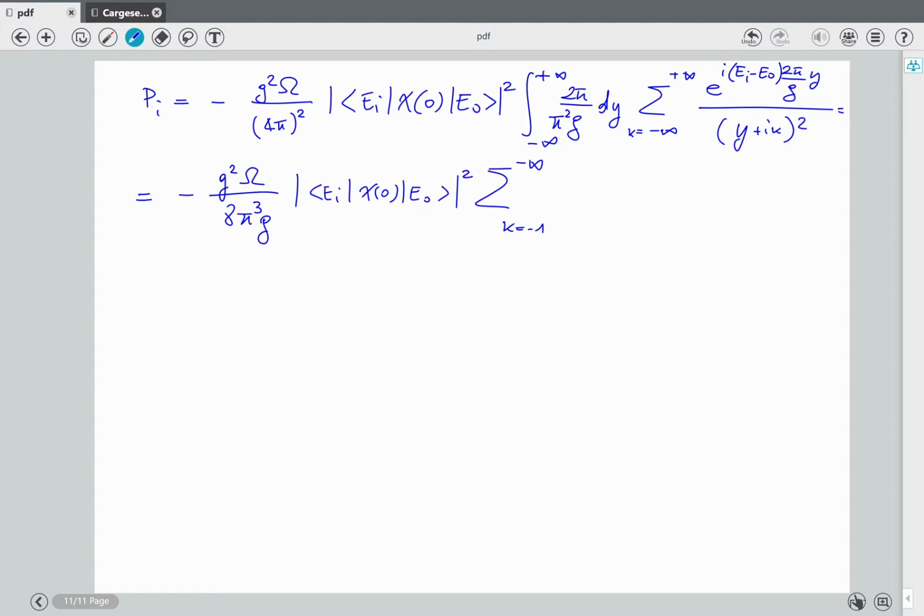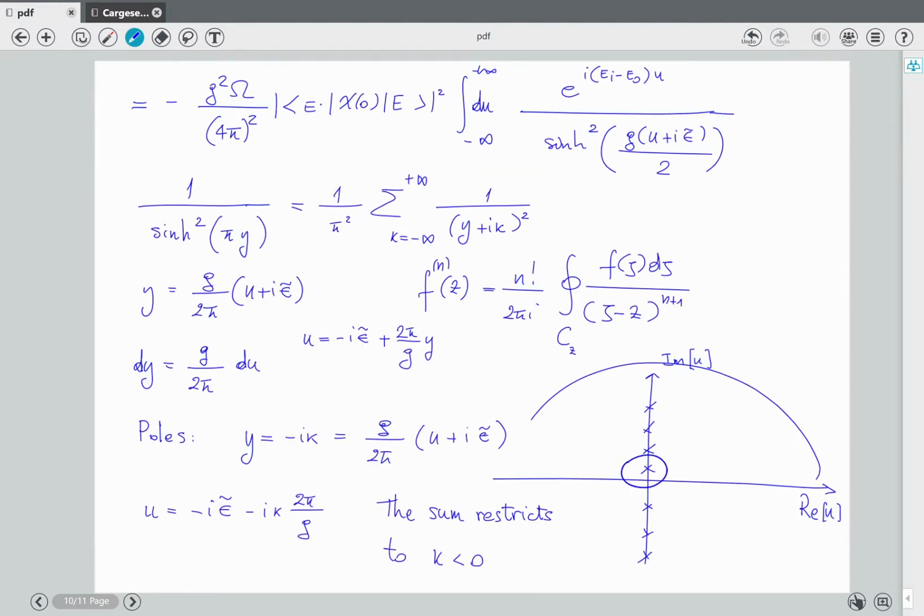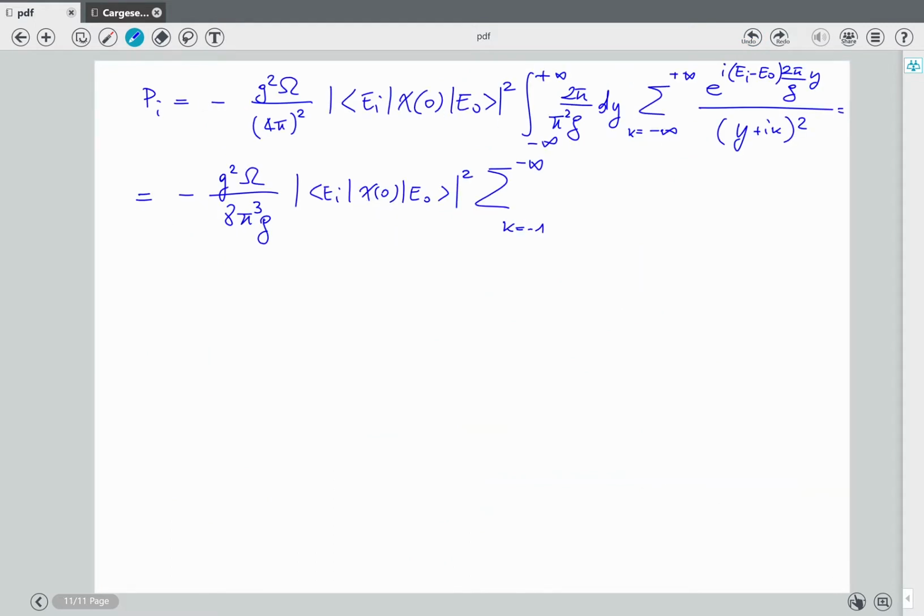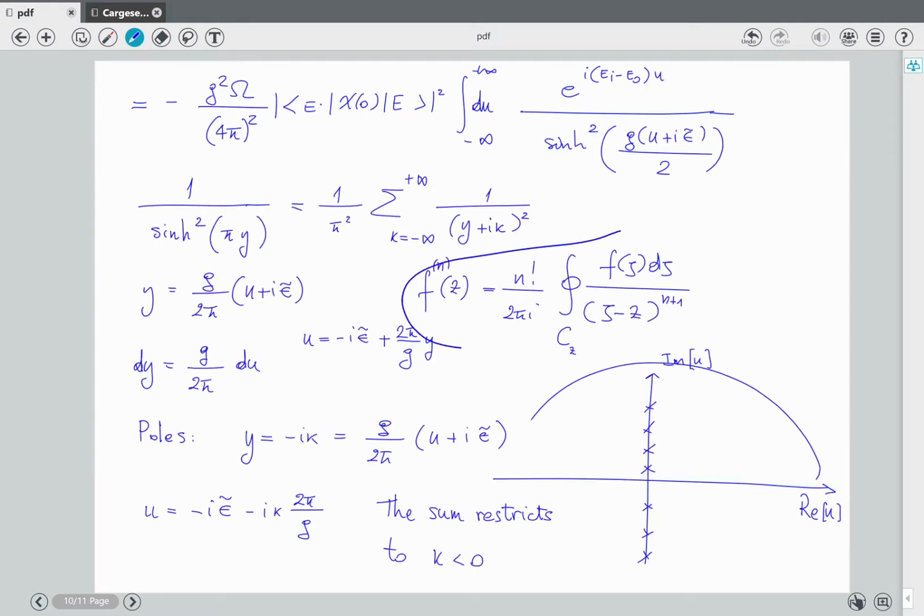Okay, then we have to apply the residue theorem. Since the poles are circumvented the right way, there is 2 pi i. Then we have to apply the residue theorem in this form. So you see that the integral is equal to 2 pi i divided by 2 factorial. But 2 factorial now is 1 factorial because we are just taking n equal 1.